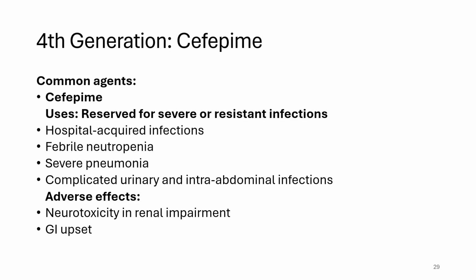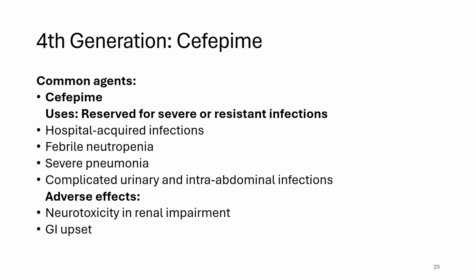It is also used for complicated urinary tract infections and intra-abdominal infections, especially when we are worried about resistant gram-negative organisms. Clinical pearl is that cefepime has very strong gram-negative coverage, including Pseudomonas, while maintaining reasonably good gram-positive activity, so it's considered clinically like a big gun when you use this medication.